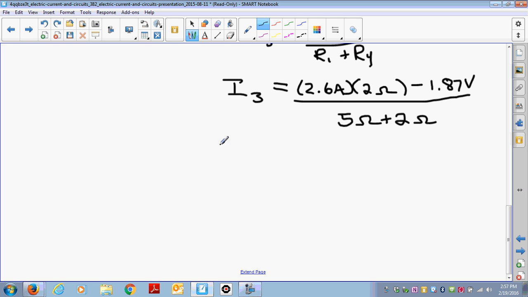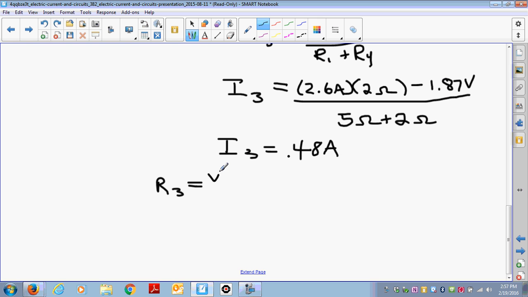Okay, so substituting that into my calculator, let's see what we get. Okay, so we're going to take 2.6 times 2 minus 1.87, and then we're going to divide that by 5 plus 2, which is 7, and that's going to give us 0.48 amps.